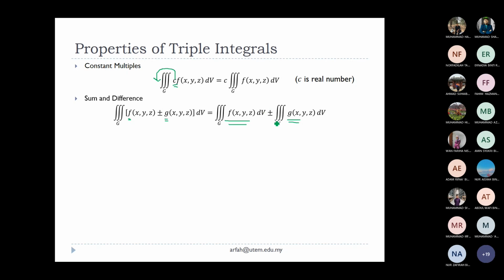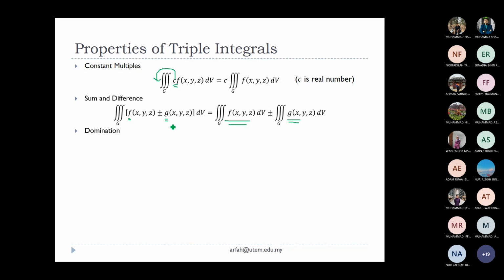So we can add or subtract the hasil of the integration. It will still produce the same answer, even if you do the addition and subtraction first before you do the integration. Okay. So ini in the case if you have two functions f and g. Ada soalan so far? All good?